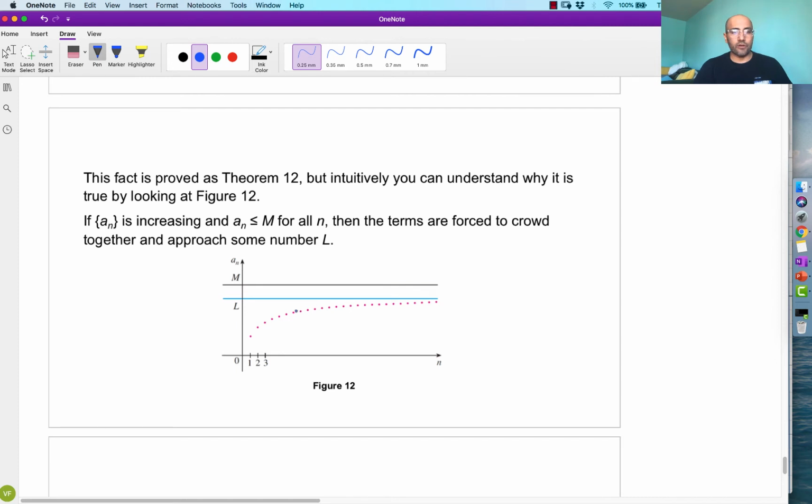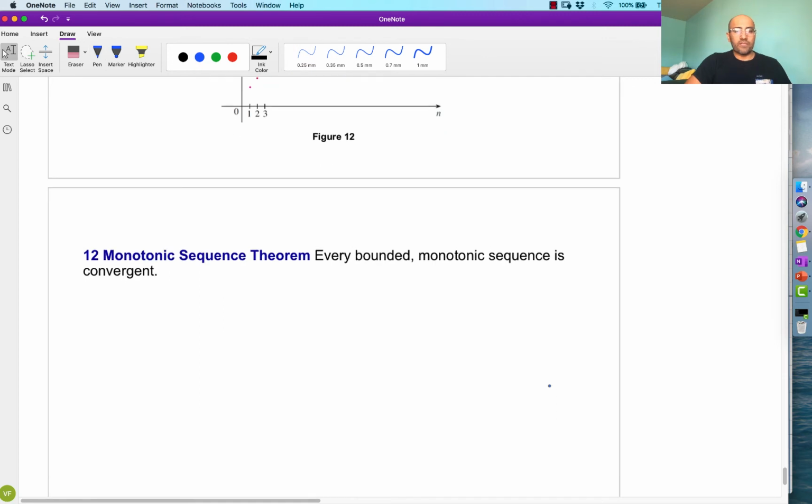Here the sequence is increasing, and it's approaching some value, capital L. So M could be an upper bound. All the little dots are definitely below capital M, and they are increasing. Therefore, we can conclude that the sequence is going to converge. So every bounded monotonic sequence is convergent.